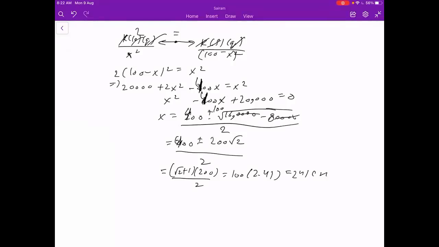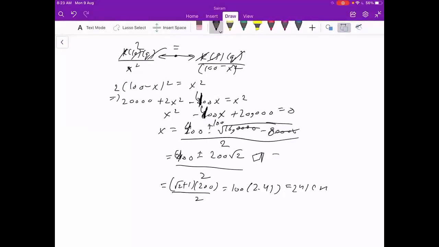So this is 200. So 400 plus minus 200 root 2. We can go negative also on this one.